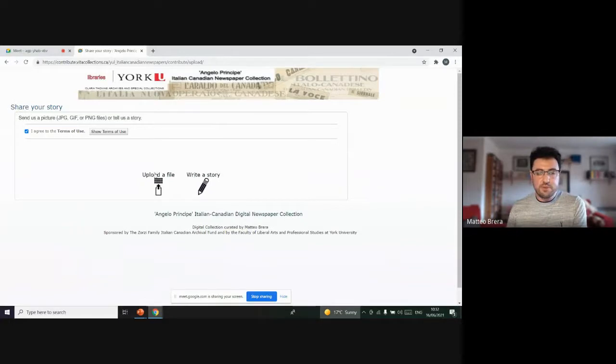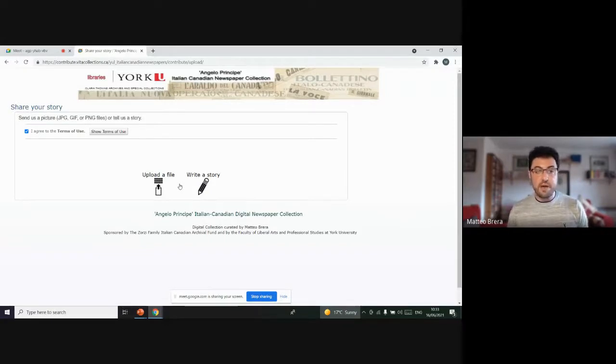Now, agreeing to the terms of use, one can upload a file or write a story. So comment or say something about a specific newspaper, a specific collection, or even a specific person who wrote in the newspaper, and can also contribute to the collection. Now, this is a very long shot, but collections of this kind sometimes happen to be created by chance.